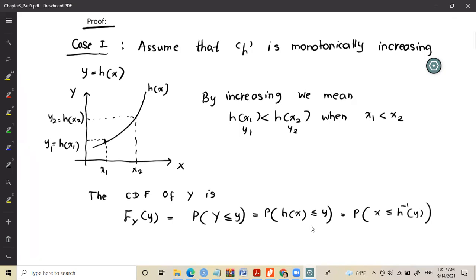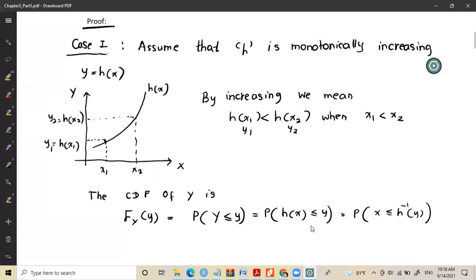So if you take the inverse, because when x1 is less than x2, y1 is also less than y2, the inequality will hold because it is increasing.